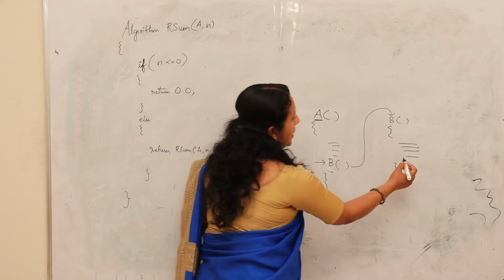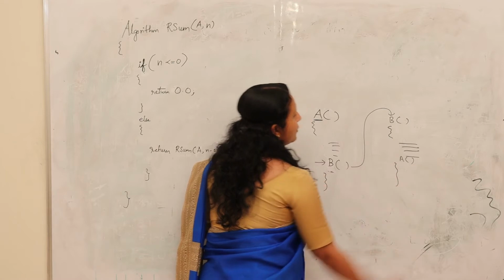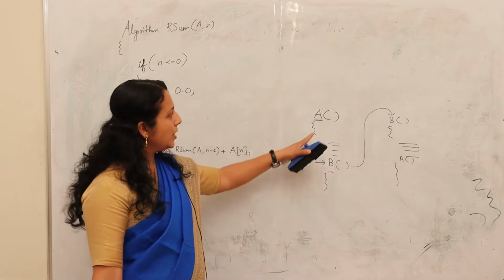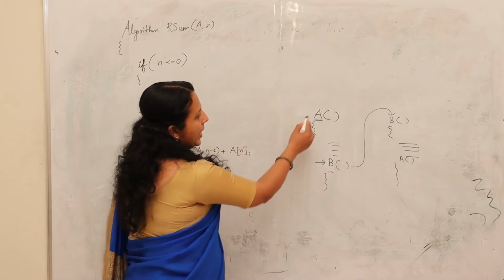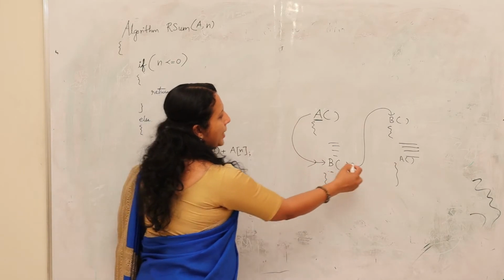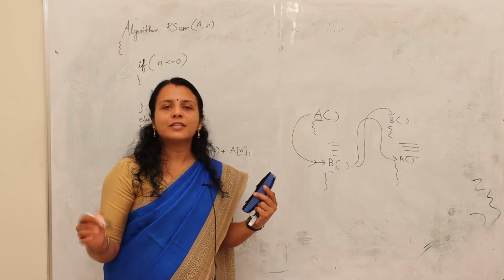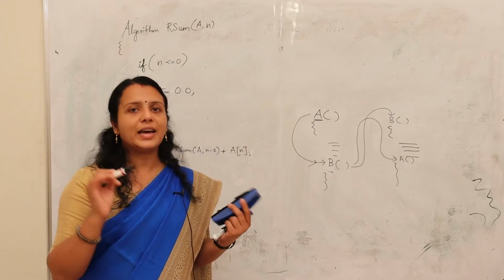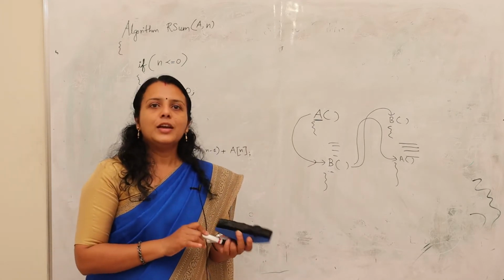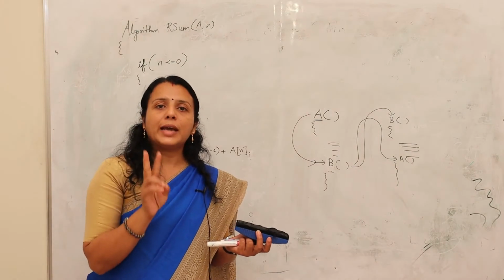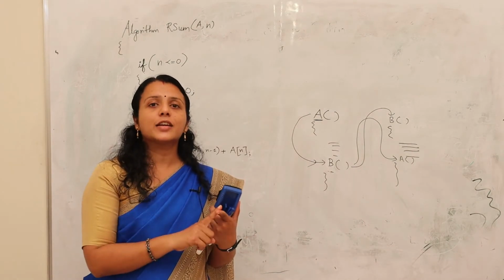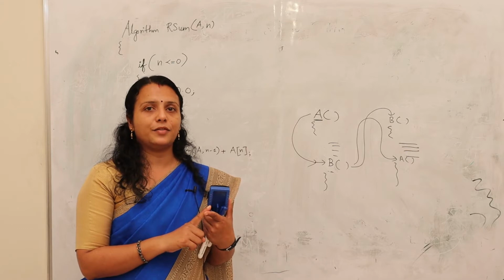And inside B, suppose it is calling the function A. So you see what is happening? A is calling B and B is calling A. This type of recursive function is known as an indirect recursive function. So these are the two different types of recursive functions, direct and indirect.